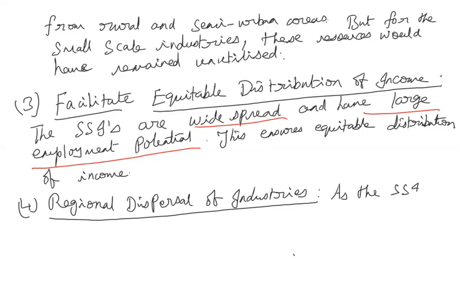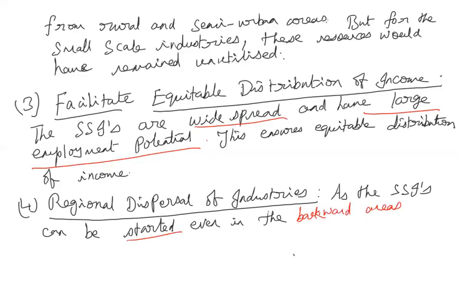Small scale industries can be started even in the backward areas, because large scale industries tend to be concentrated only in those areas which have better infrastructural facilities, better raw materials, and labor force. So they tend to be concentrated only in the developed areas, not in the backward areas.